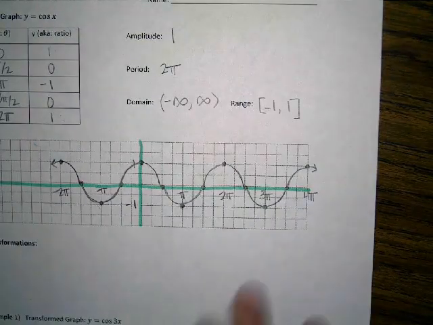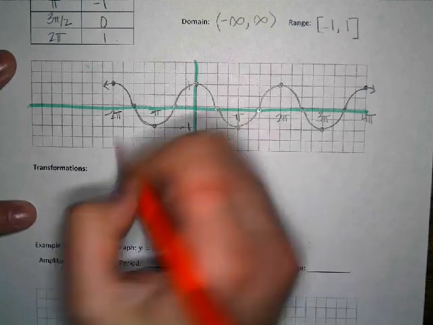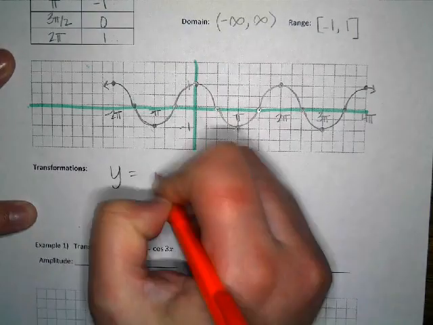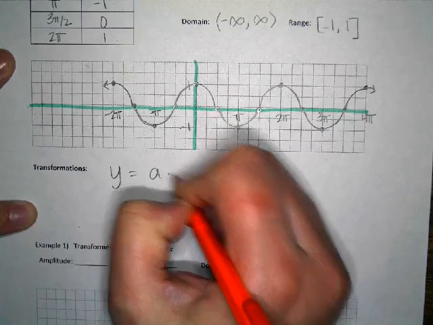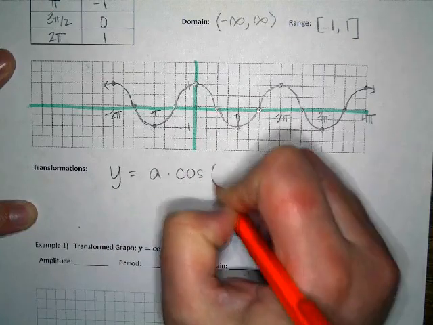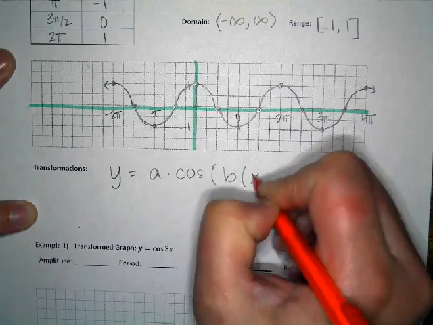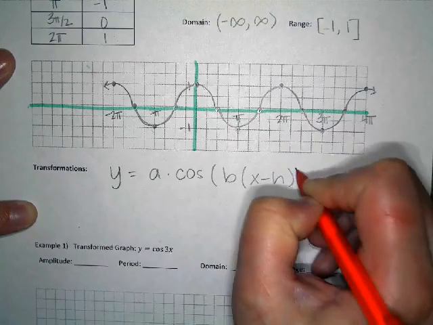Now, if we do the transformations, I'm going to say y equals a times cos of b times (x minus h) plus k.